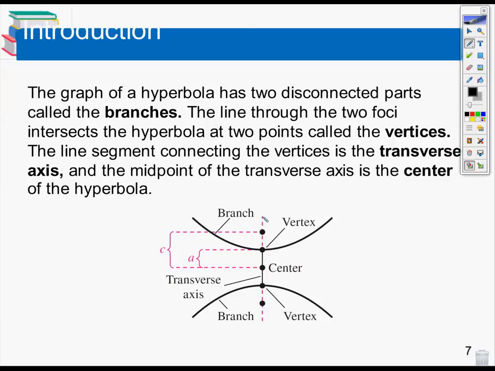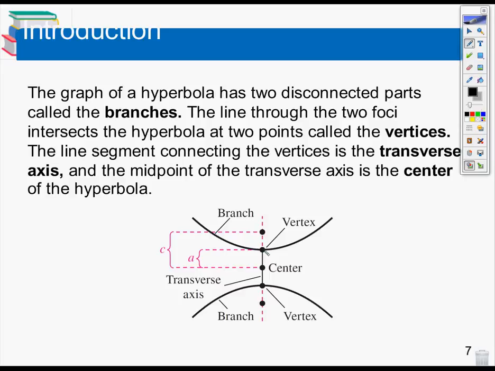In a hyperbola, we have an axis that travels through the foci, the vertices, and the center of the hyperbola, and this one axis is called the transverse axis. And of course, the midpoint on the transverse axis between the vertices, between the foci, is the center.